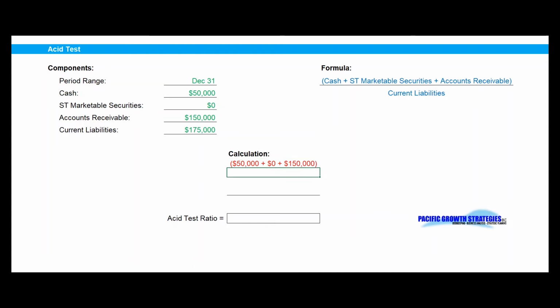We'll divide by our current liabilities of $175,000. Continuing with the calculation, we'll have $50,000 plus 0 plus $150,000 gives us $200,000, divided by $175,000 current liabilities, gives us an acid test ratio of 1.14.